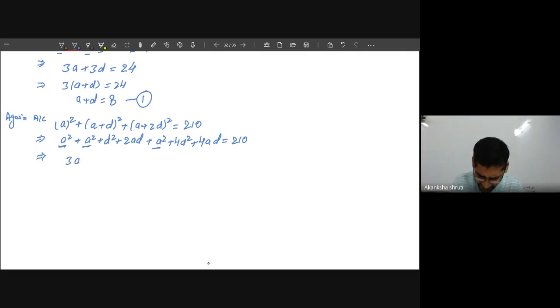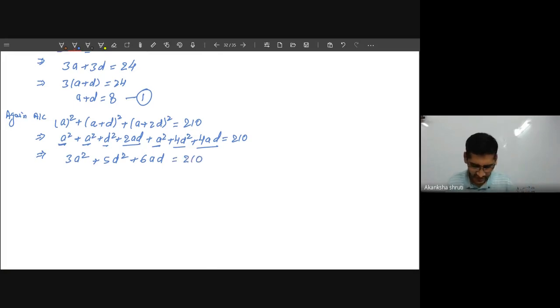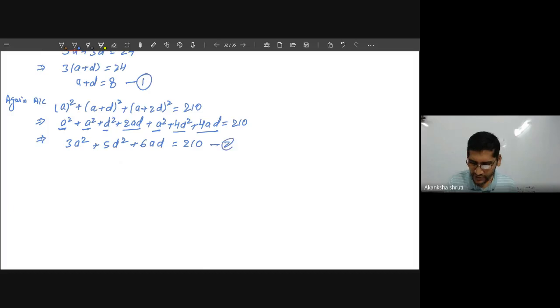So thrice of a square. D is also, this is our d square, and 4d square, 5d square. Then ad plus 6 of ad is equal to 210.